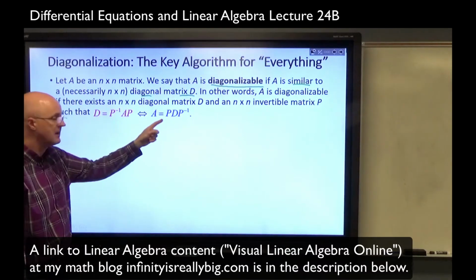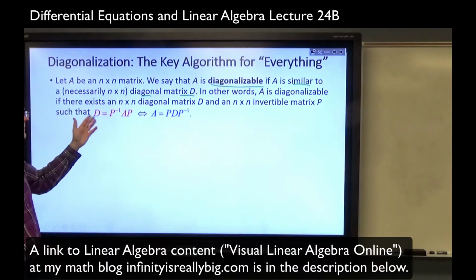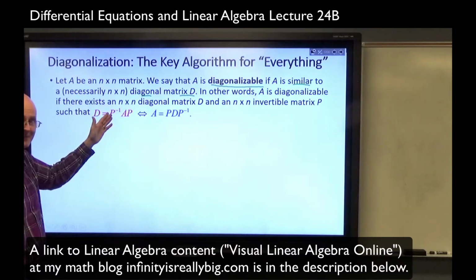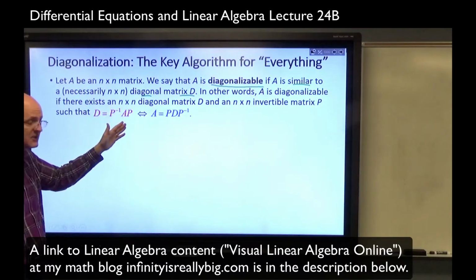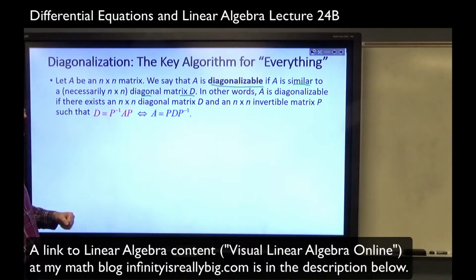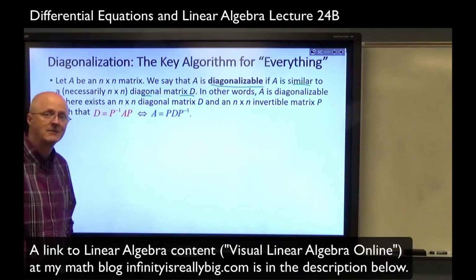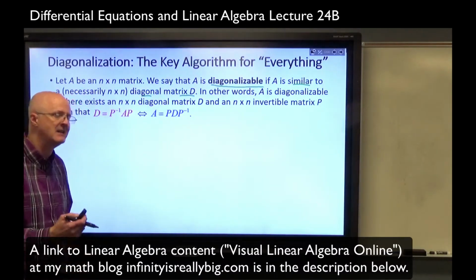To get from here to here, multiply both sides of this equation on the left by P. P times P inverse is I, the identity matrix, which when you multiply it times A times P just gives you A times P. And also multiply both sides on the right by P inverse, and a similar kind of thing happens. You can solve for A. That is what it means for A to be similar to D. And if D is a diagonal matrix, then A is similar to a diagonal matrix, and we say A is diagonalizable.